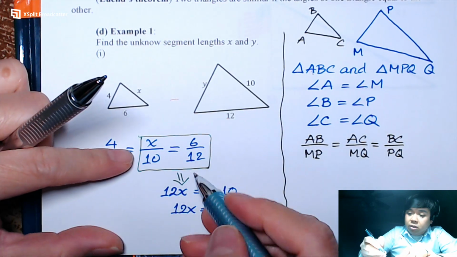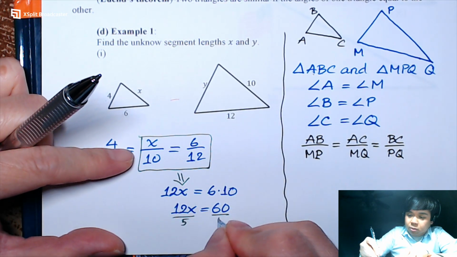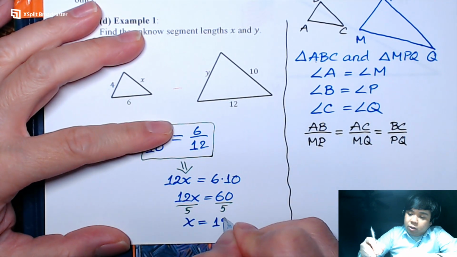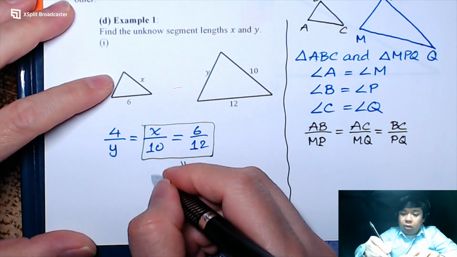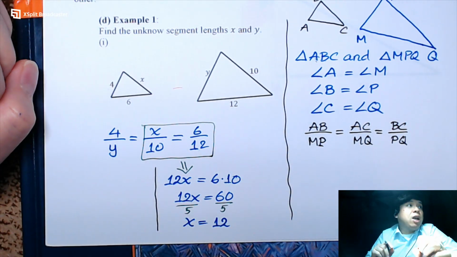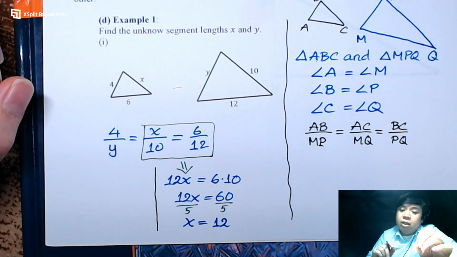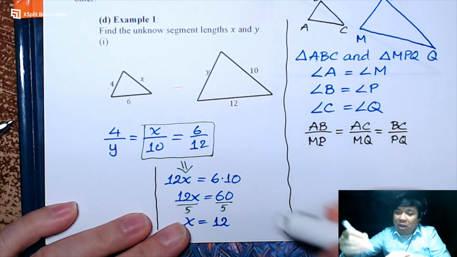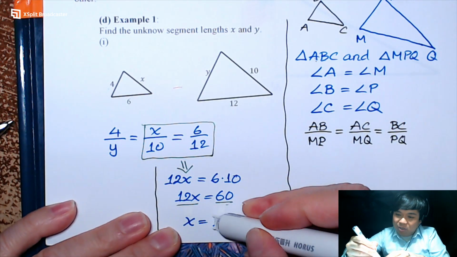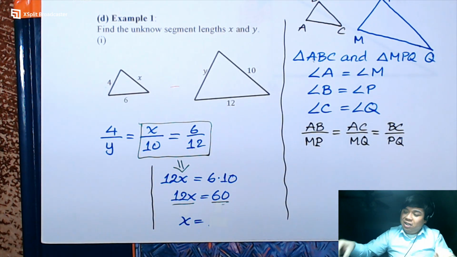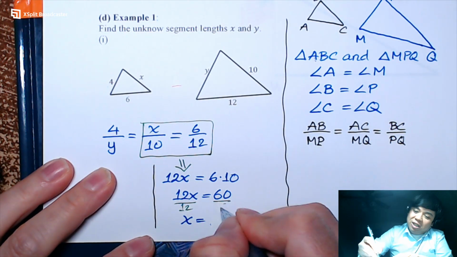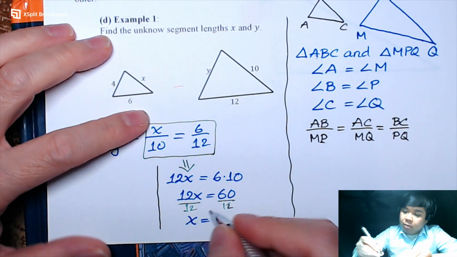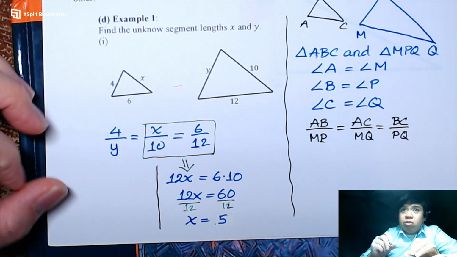Sorry, if I do something wrong, please let me know. Divide by 12 on both sides. So x is equal to 5.